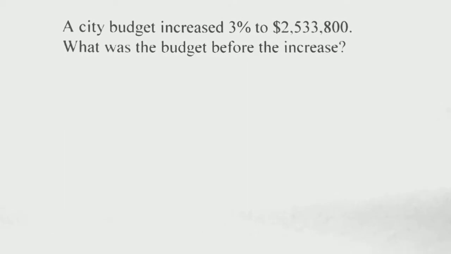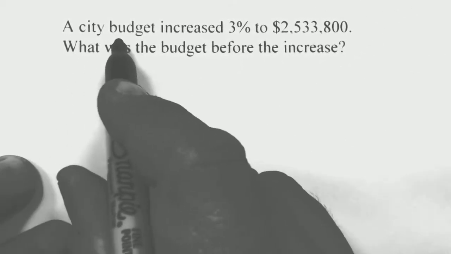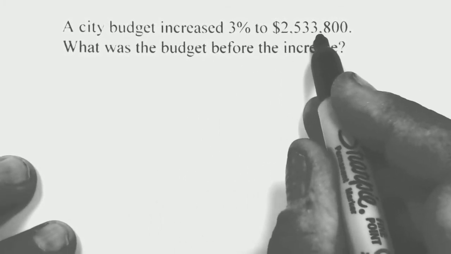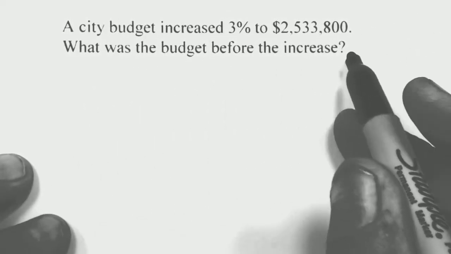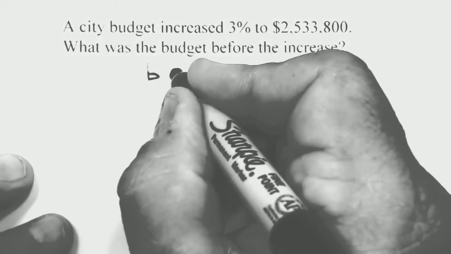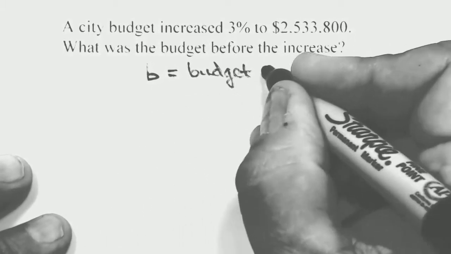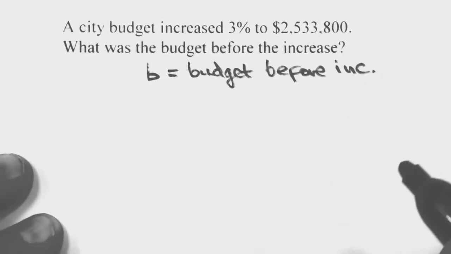I think you've seen plenty of these and should be able to handle this fine. Here we have a city budget increased 3% to $2,533,800. What was the budget before the increase? Okay, B equals budget before the increase.